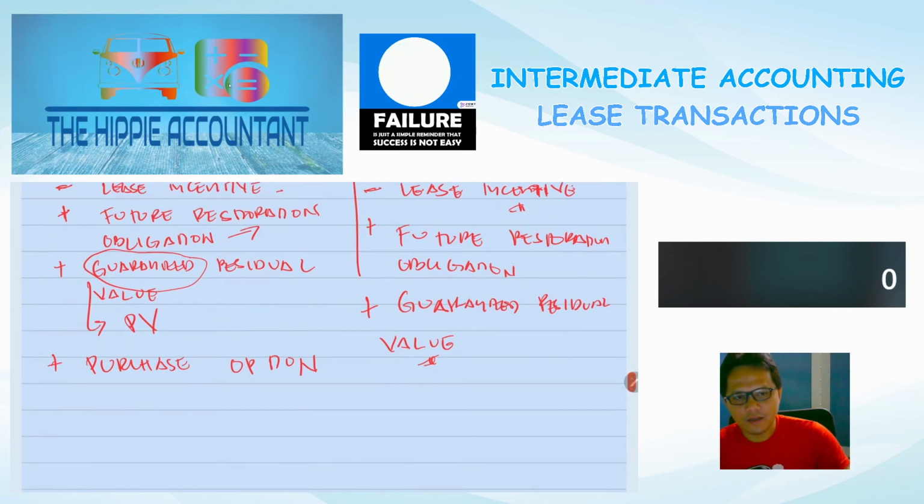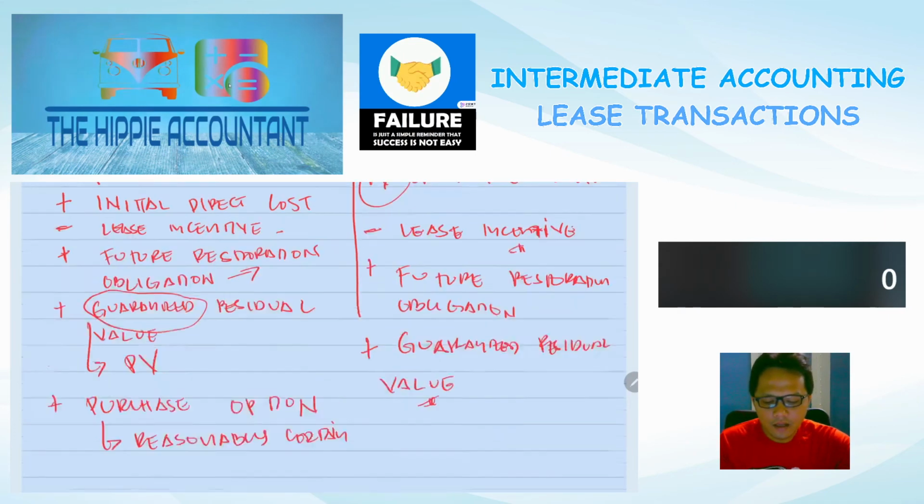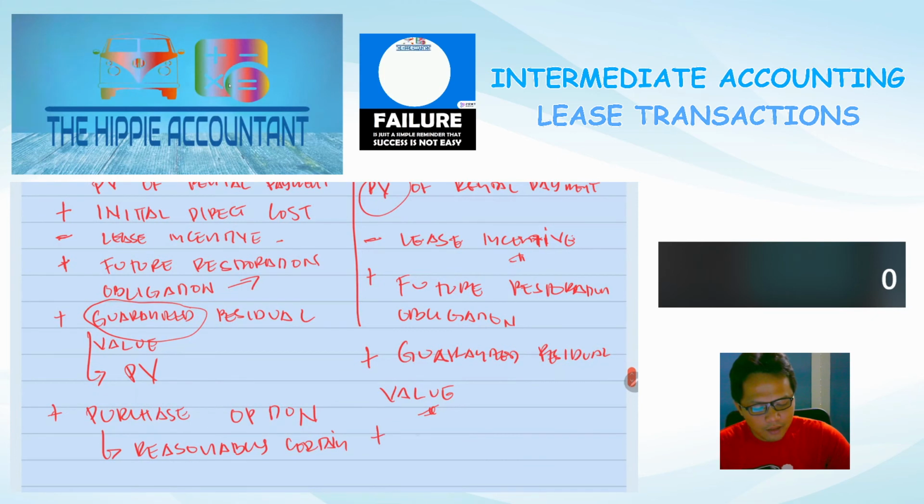Pero, again, as noted nga kanina, dapat itong purchase option is that reasonably certain na i-exercise talaga para magiging part siya sa right of use asset mo, and at the same time magiging part din yan siya sa lease liability mo. Okay?